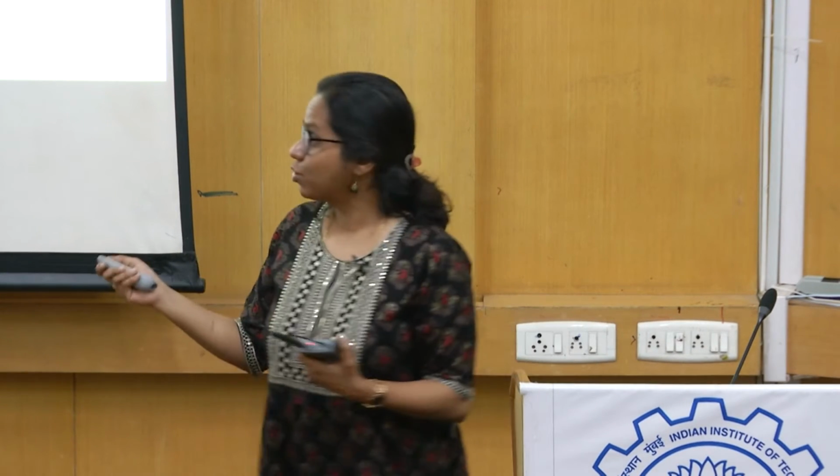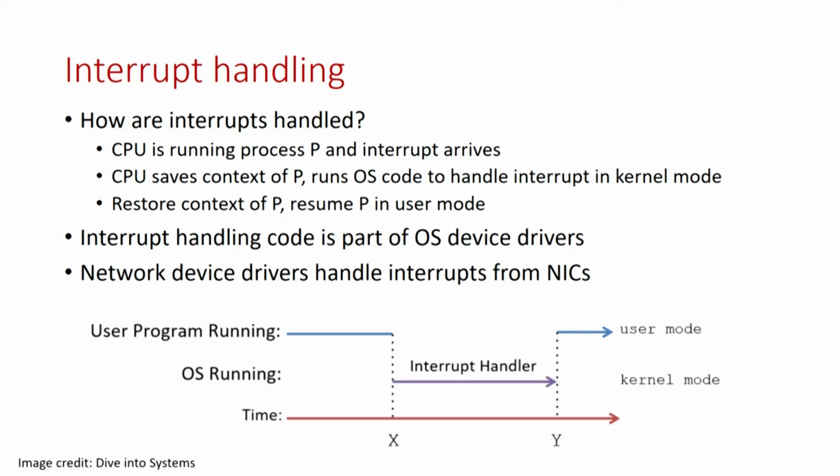Now some external event has happened, and the program that is running doesn't know how to deal with it. So the operating system runs this interrupt handler, takes care of that event, and then goes back to the user process again. This is what happens for any interrupt, and so is the case for interrupts from NICs whenever network packets arrive as well.